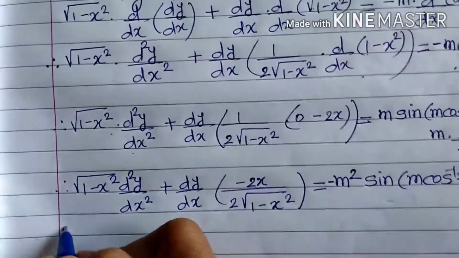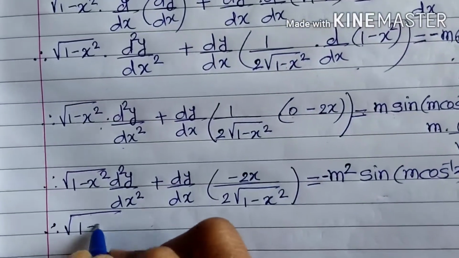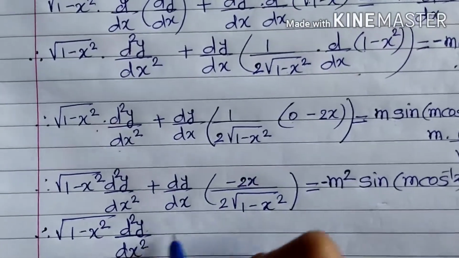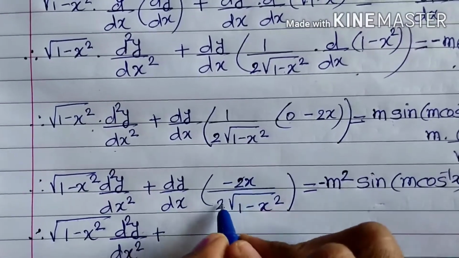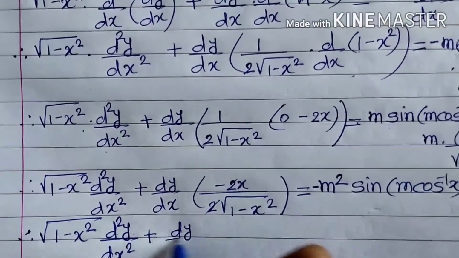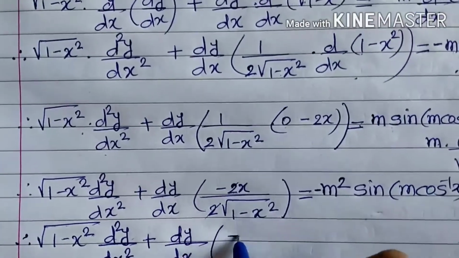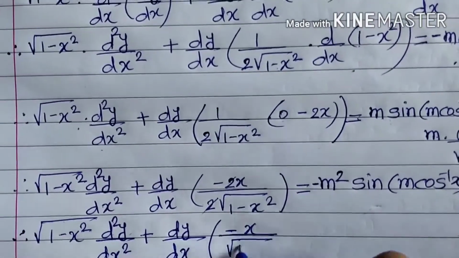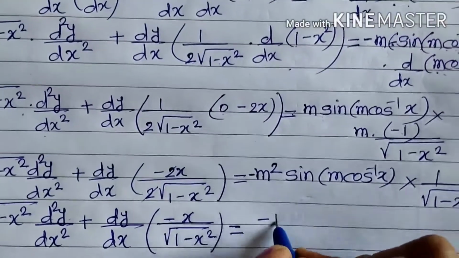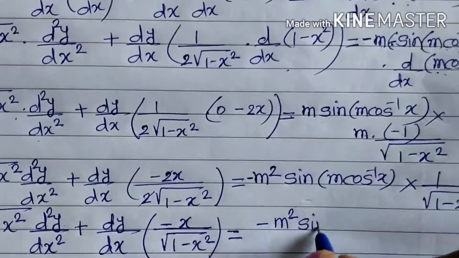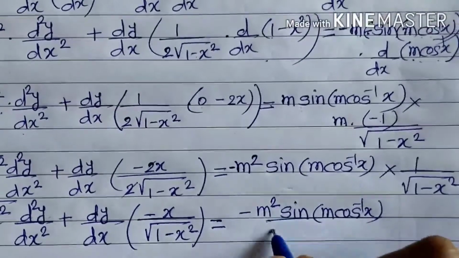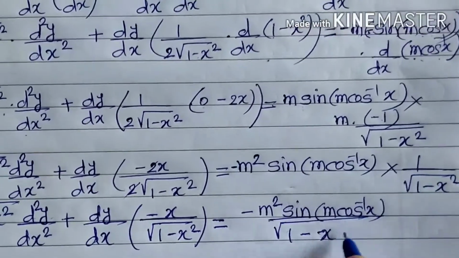So next step is under root of 1 minus x square d2y upon dx square plus, these 2 get cancelled, so only remaining is dy upon dx into minus x upon under root of 1 minus x square is equal to minus m square sine(m cos inverse x) upon under root of 1 minus x square.